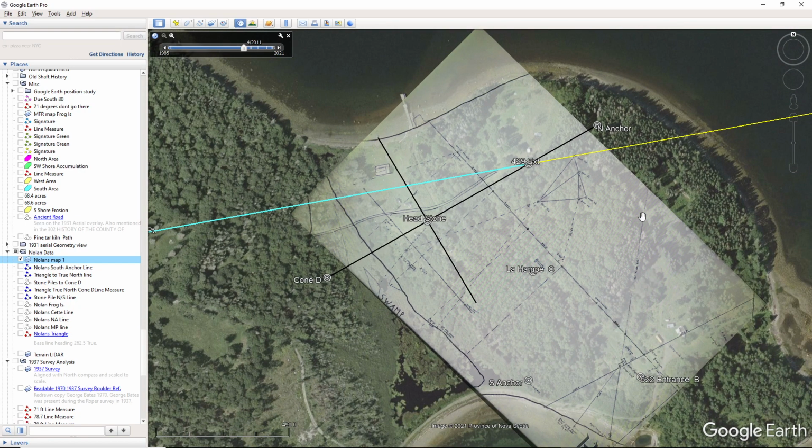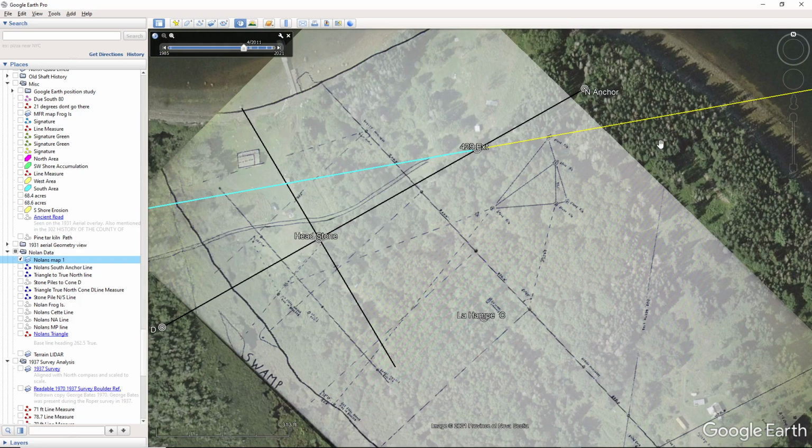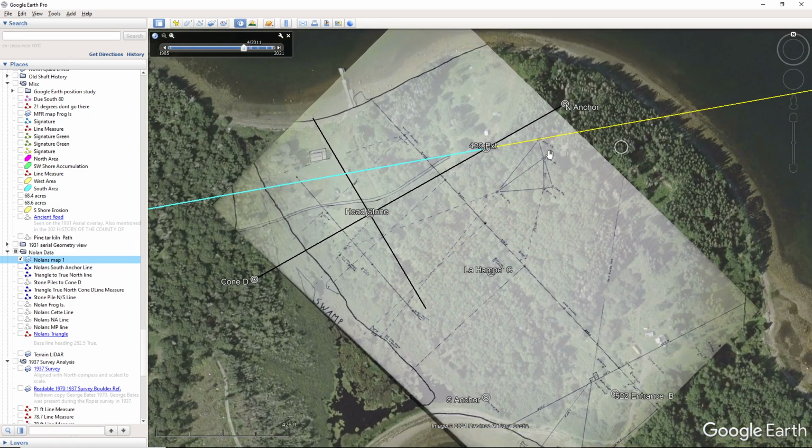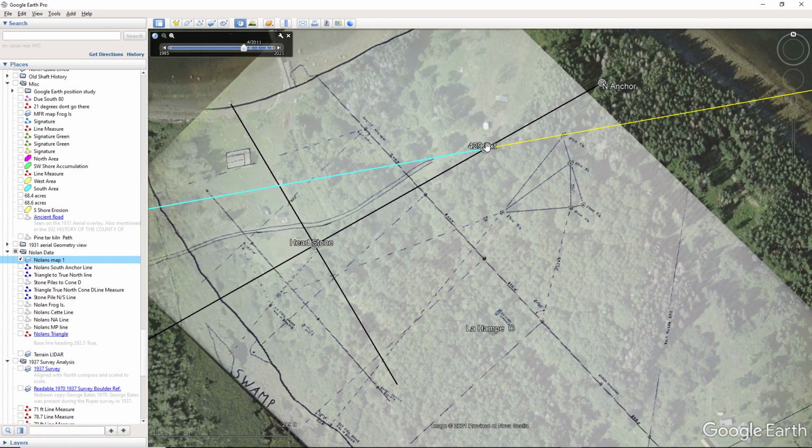So what we're looking at here is, here's the landing line that came in from Frog Island, and it goes to the landing point, which is the 429 extension. Now, basically, all this is just theoretically on paper.